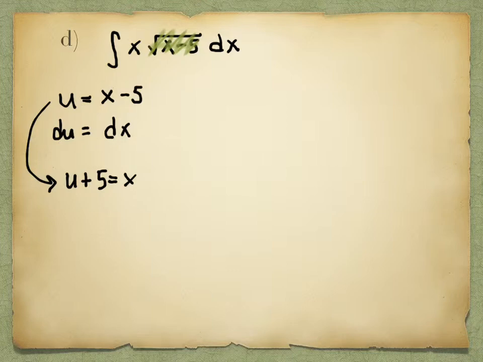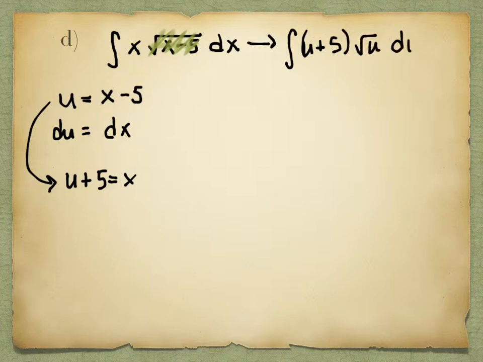The reason that's more helpful is because it puts the addition and subtraction outside of the square root instead of under the square root, because under the square root causes problems. Okay? So I can rewrite this as the integral of U plus 5 times the square root of U du. Right there.